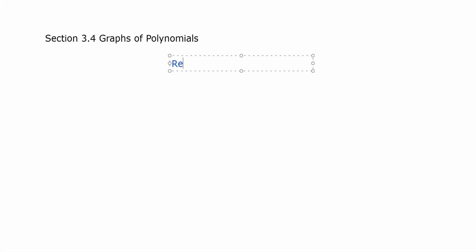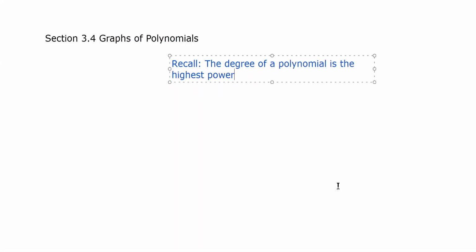So real quick, let's recall the degree of a polynomial is the highest power. So that last polynomial we did that we fully multiplied out, that last nasty problem, that was a third degree polynomial because the highest power was 3.